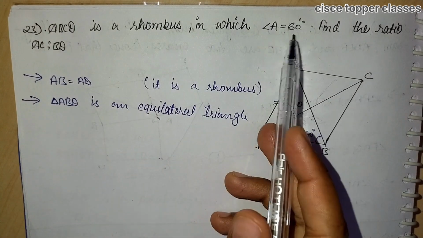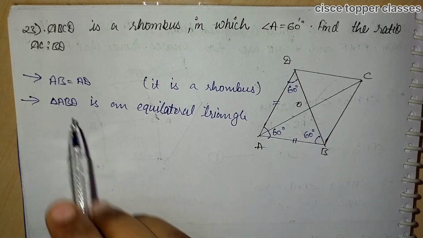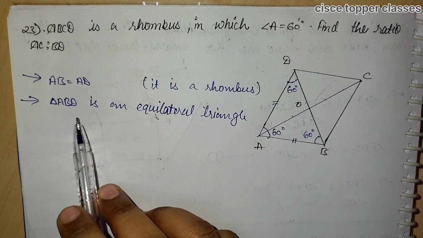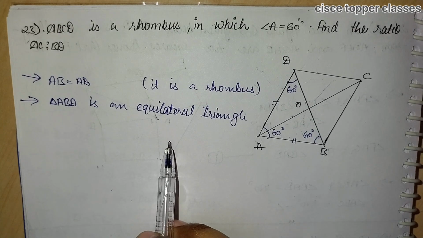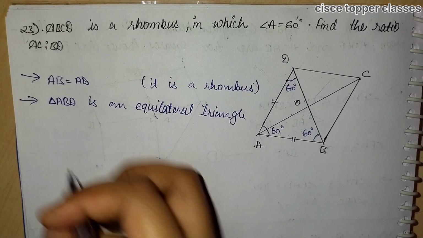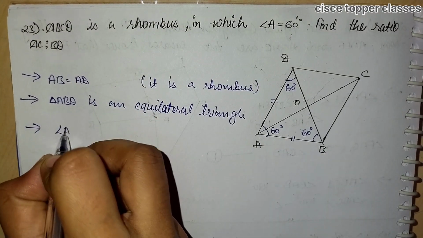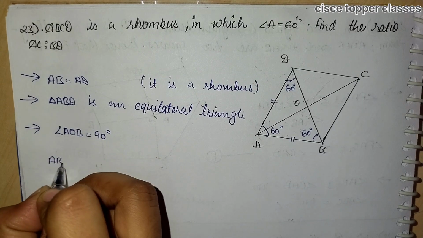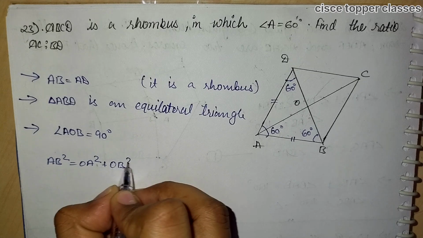ABCD is a rhombus in which angle A is equal to 60 degrees. Then find the ratio of AC to BD. Here AB is equal to BD because it is a rhombus, and triangle ABD is an equilateral triangle. If angle AOB is equal to 90 degrees, we can write AB square is equal to OA square plus OB square.